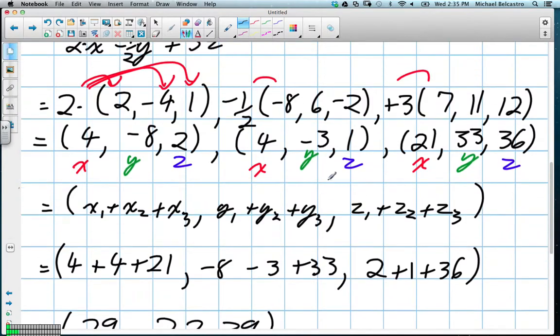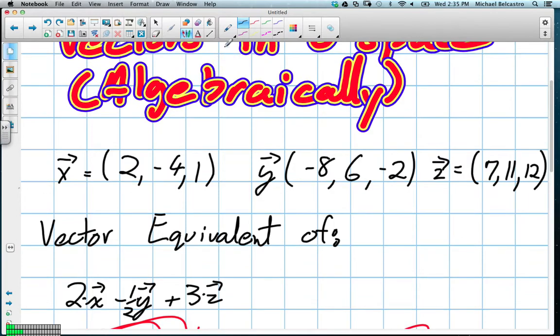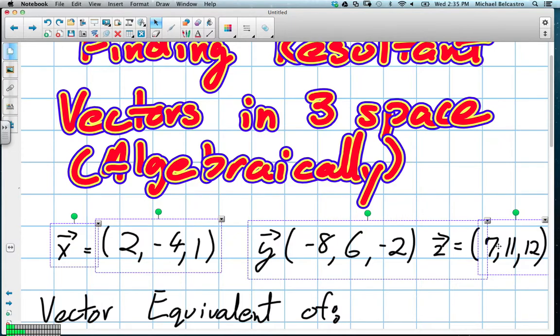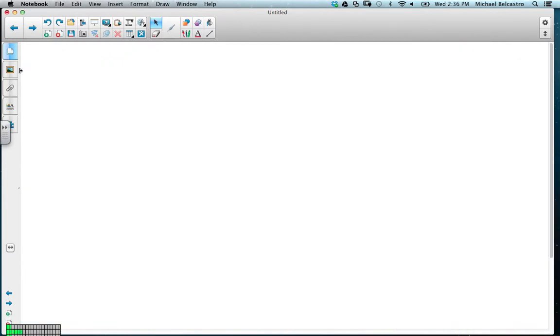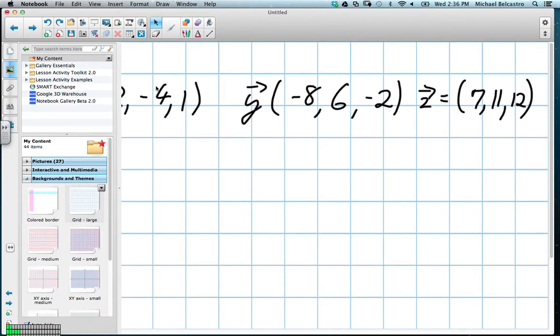Another way we could have gone about doing this, okay, is changing each of these, the beginning part, into unit vectors. Okay, so I'm going to copy them and put them on another page very quickly here. So copy. Go to a new page. There we go.